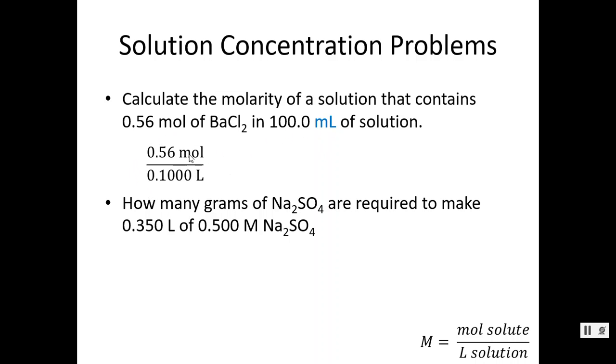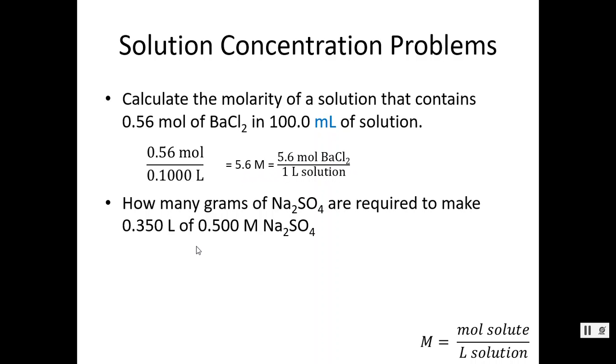Setting that up with my moles per liter, and then doing the division, I get 5.6 molarity. Another way to say that is 5.6 moles of barium chloride per liter of solution.